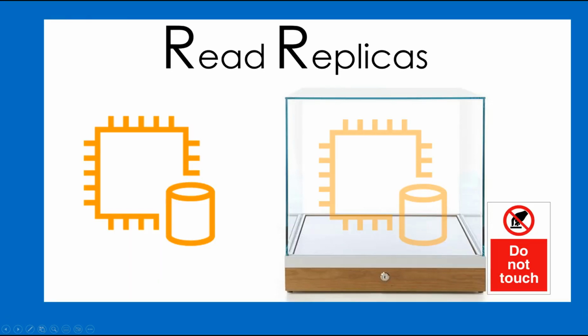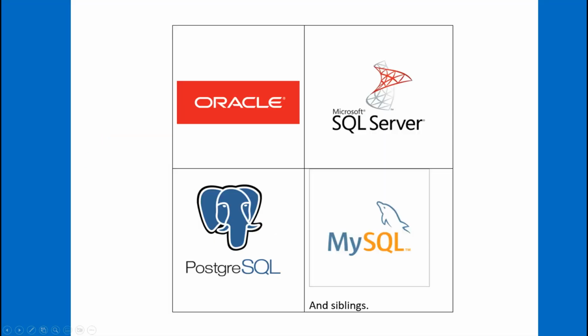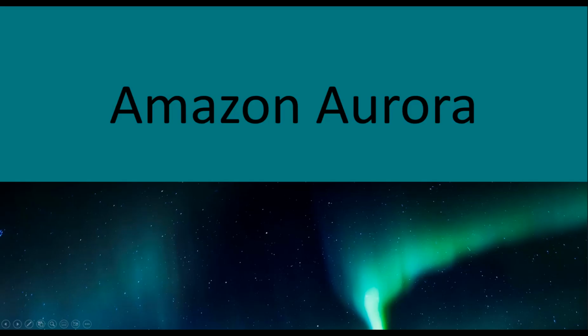Scaling horizontally, also known as scaling out, entails creating additional instances called read replicas. All database engines, except for Microsoft SQL Server, support read replicas. Aurora exclusively supports a specific type of read replica called an Aurora replica.